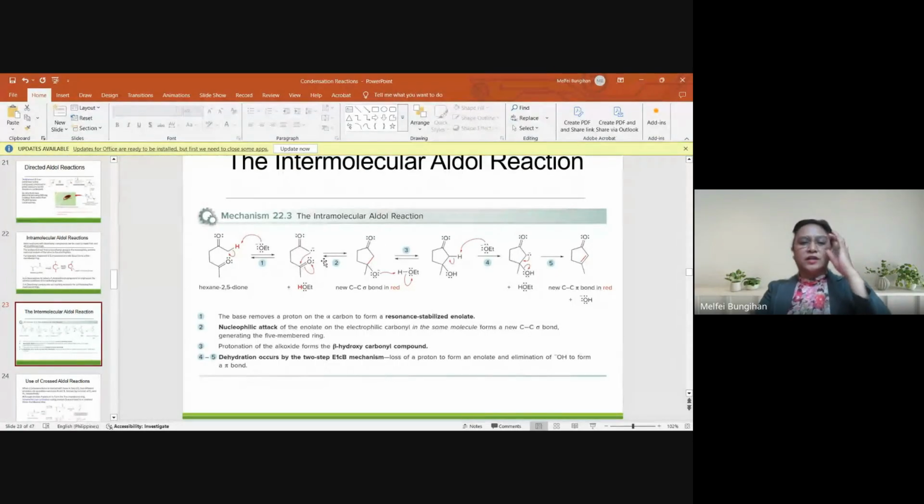After that, you form your five-membered ring, so there's ring closure, and then you form your beta hydroxy compound, and after that is dehydration to form this. This one is via the E1cB mechanism, the loss of HOH or water.